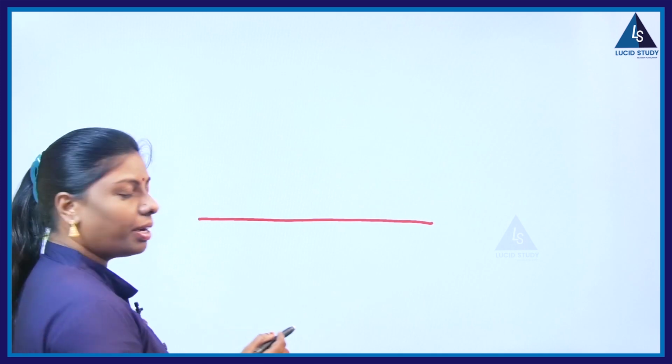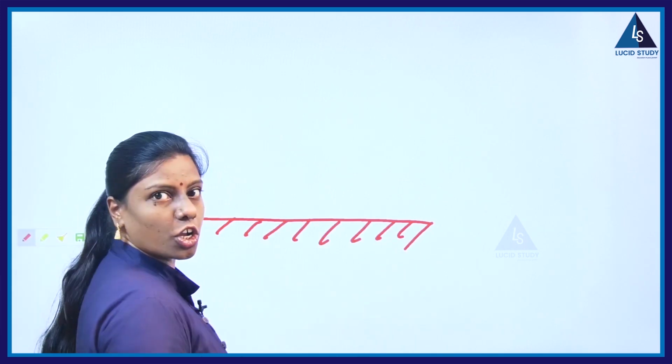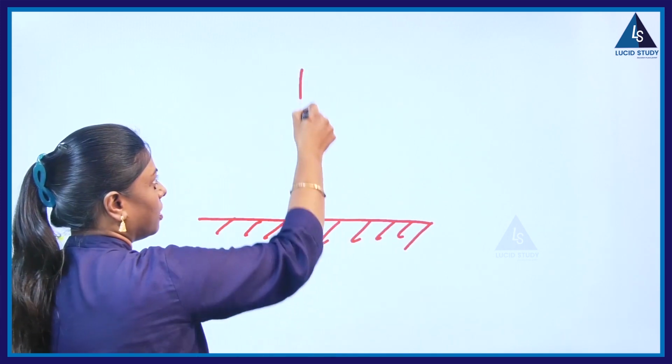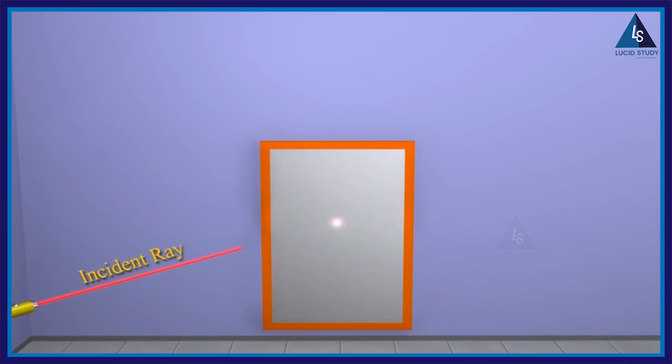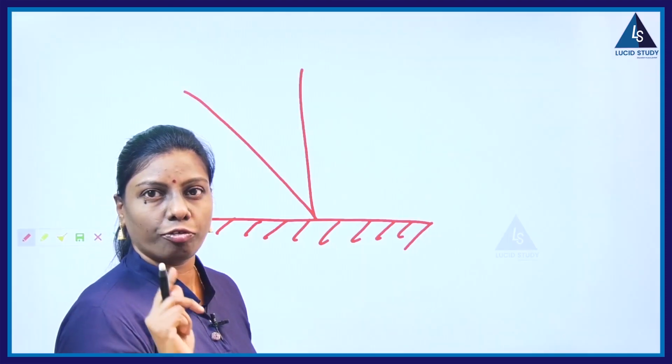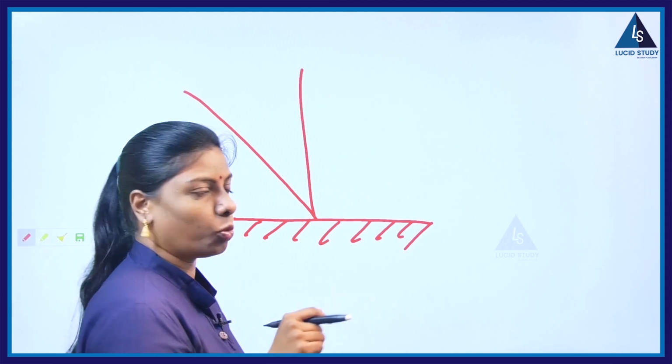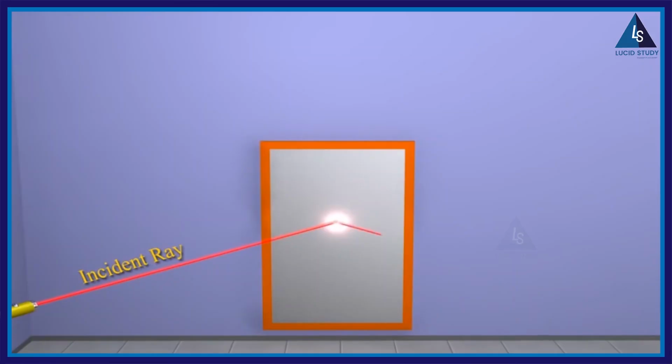So this is the representation of a plane mirror. Here is the normal ray. Here is the incident ray. Always indicate the incident ray with a direction, showing in which direction it is moving. Then it gets back from the surface. This is the reflected ray.